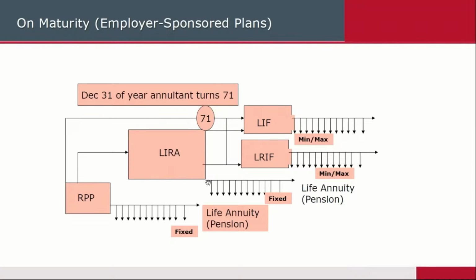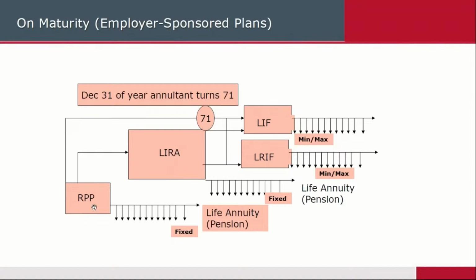Or you can buy a life annuity, which provides you with a pension for the rest of your life. That life annuity, once again, can come from a LIRA, or it comes directly from your RPP if you are 55 and over. Like I said, up to age 55, it has to go into a LIRA. So once it's in a LIRA, you've got all these options here.